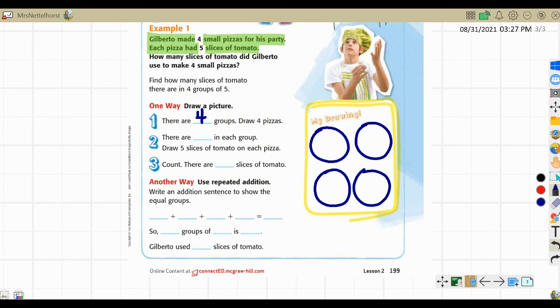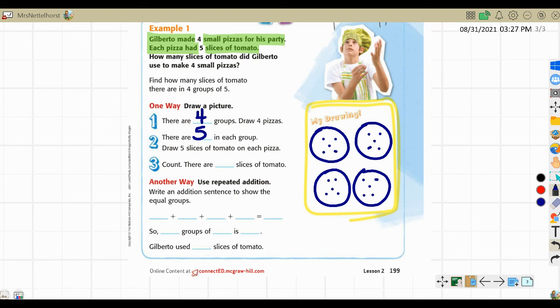There are blank in each group. Draw 5 slices of tomato on each pizza. There are 5 slices of tomato. I'm just going to use dots. Those are my tomato slices. Then we're going to count.